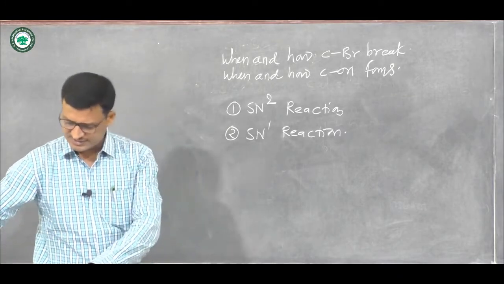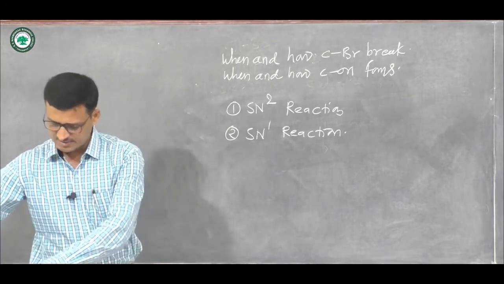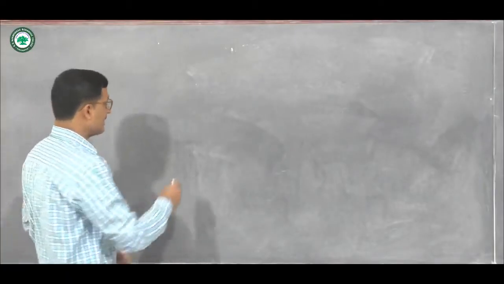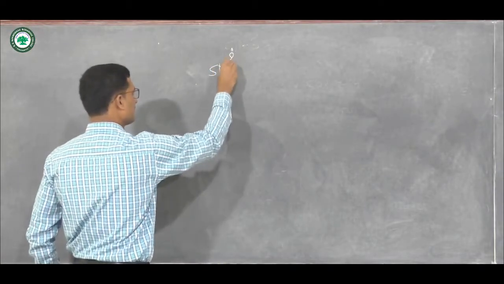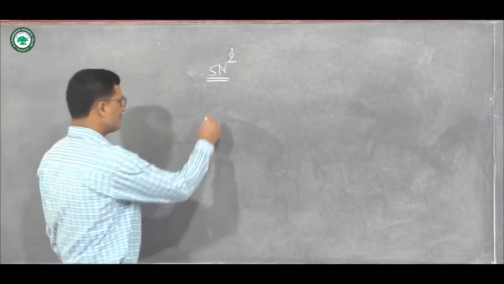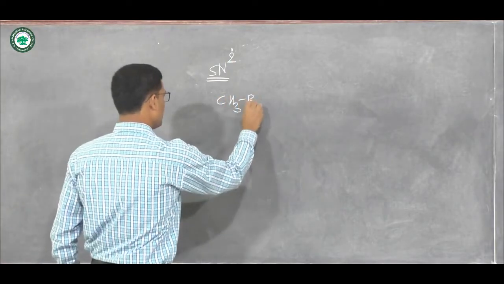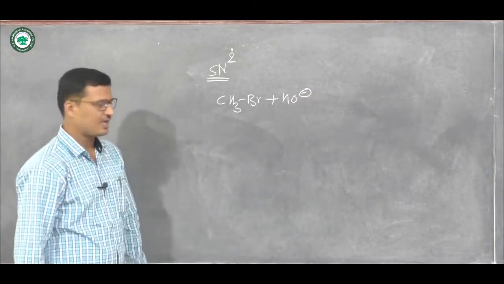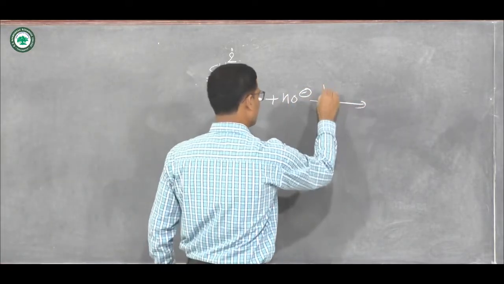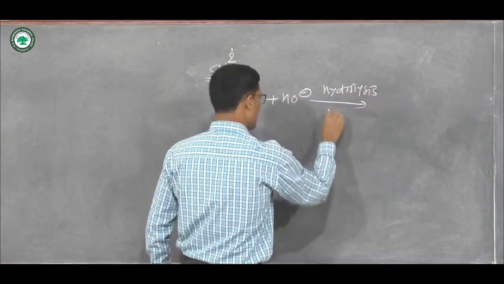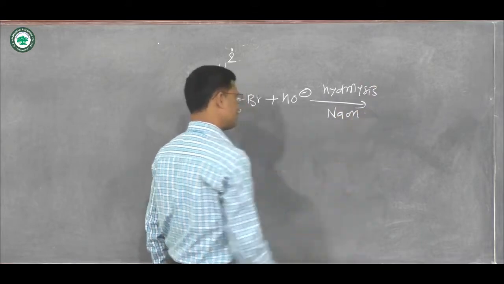Here we will first discuss the Sn2 reaction. For an example of the Sn2 reaction, a simple example is the hydrolysis of methyl bromide in the presence of NaOH.